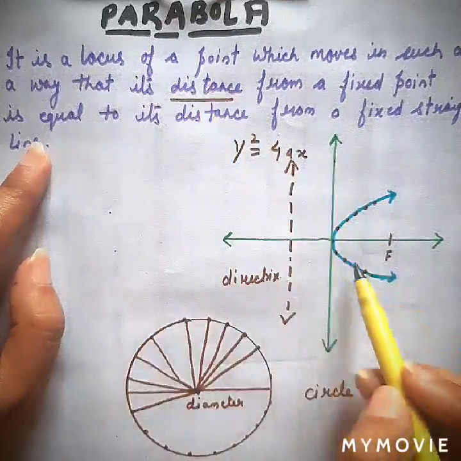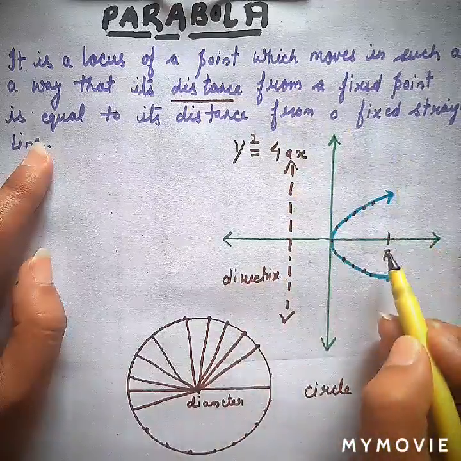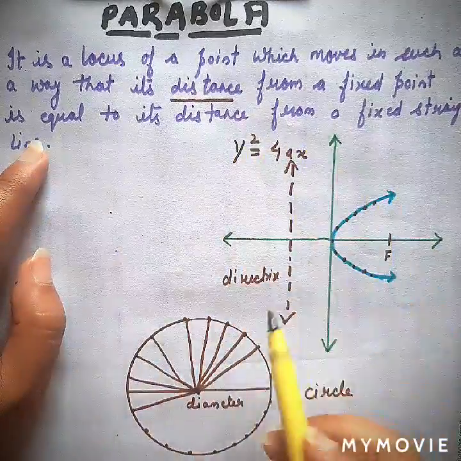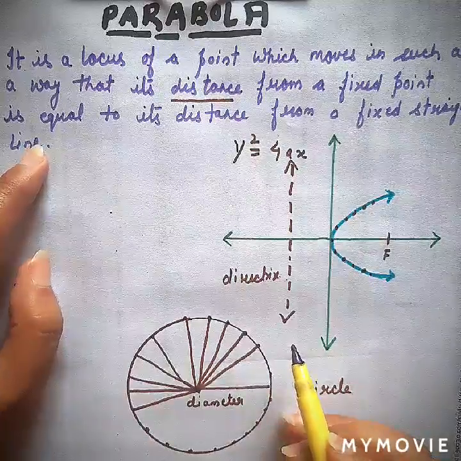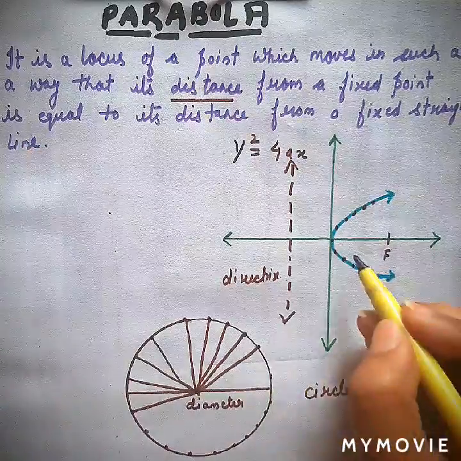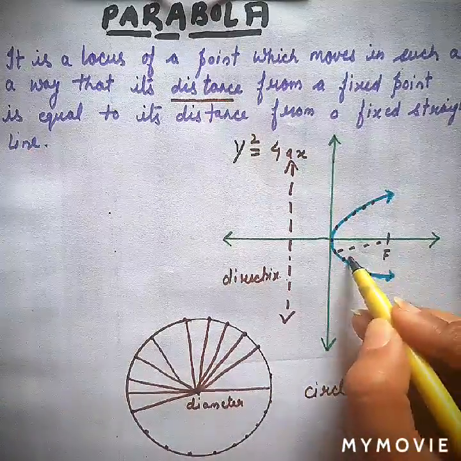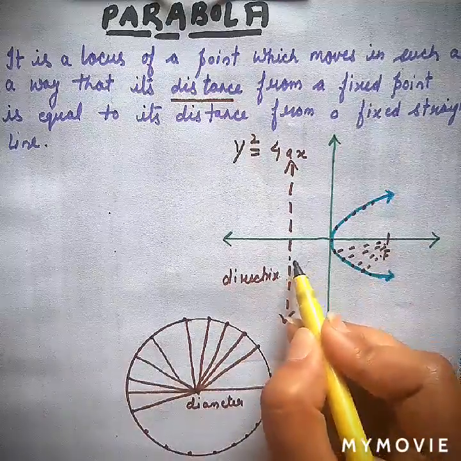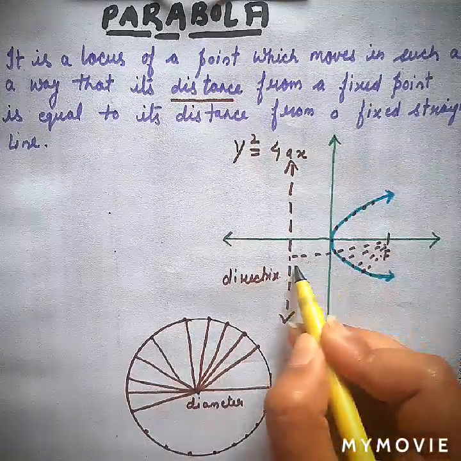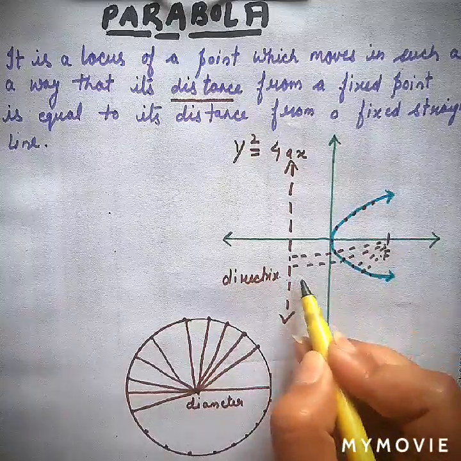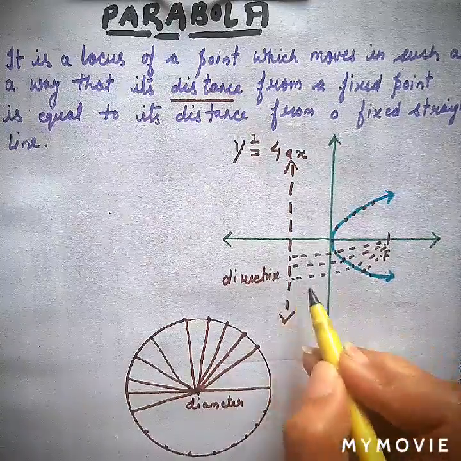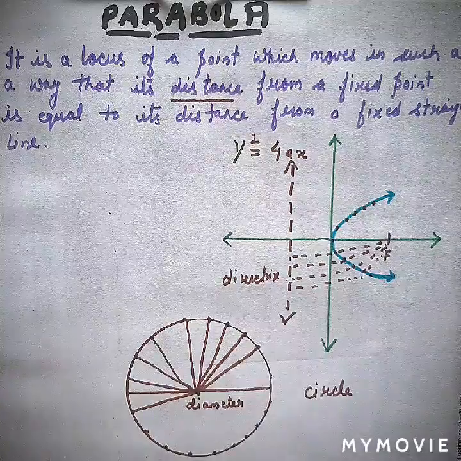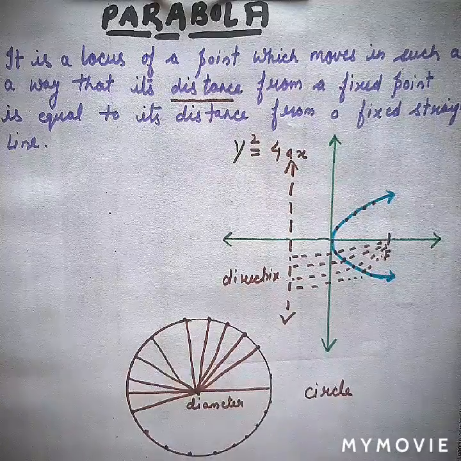So the distance of these points from the fixed point, which is the focus, will be equal to their distance from the fixed straight line, which is the directrix of the parabola. So this distance will be equal to this distance. This is all about the definition of the parabola.